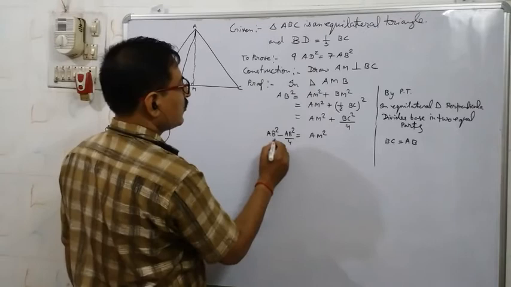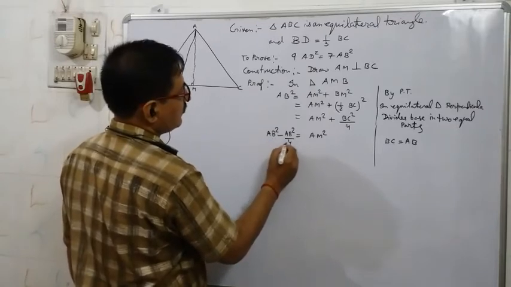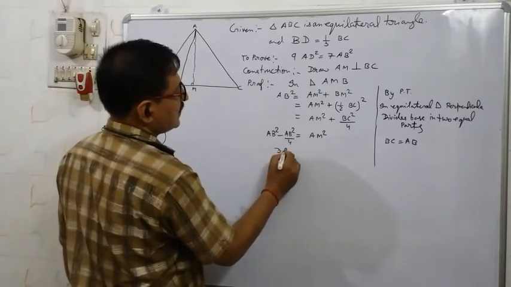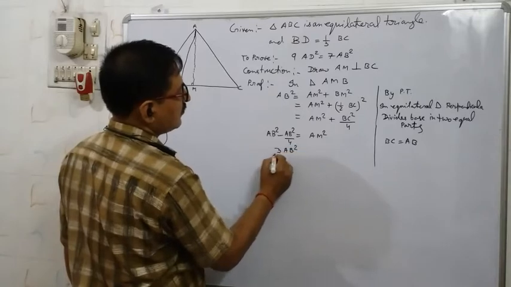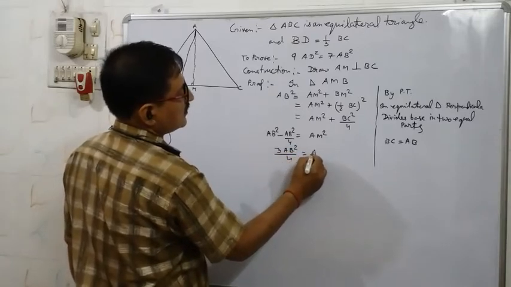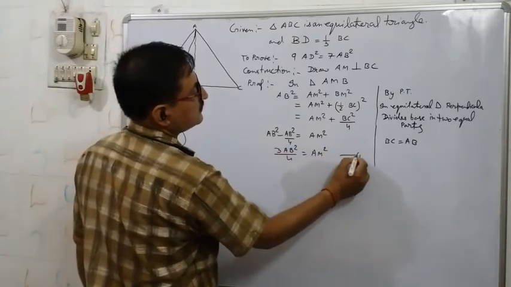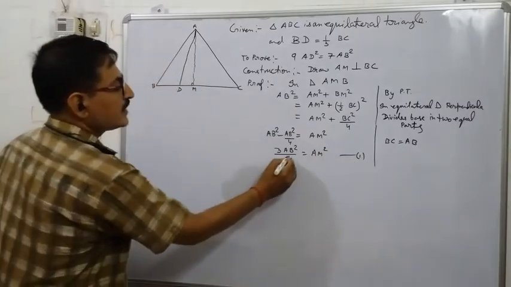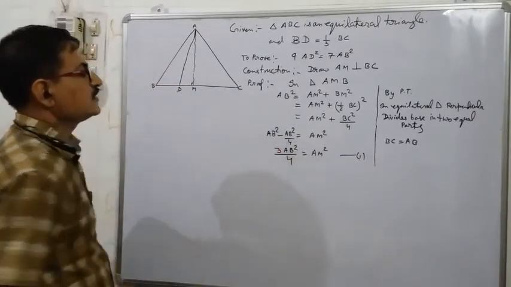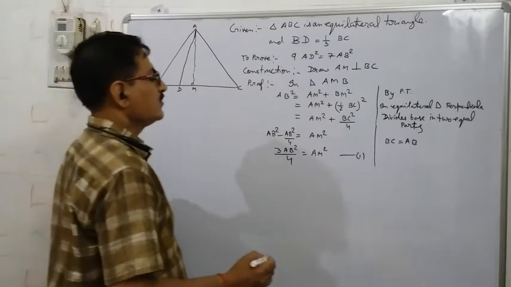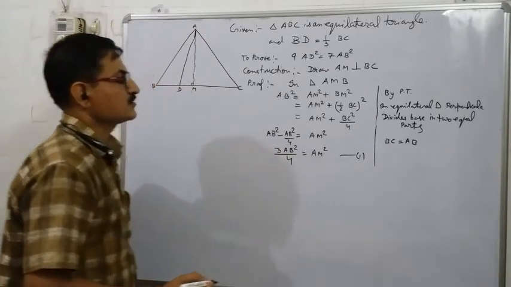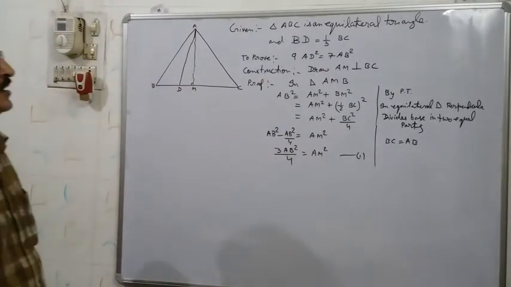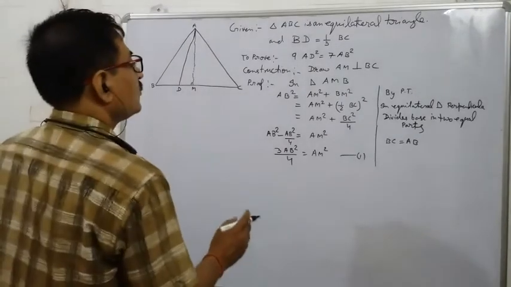Taking the LCM, 4AB square minus AB square will be 3AB square upon 4, equals AM square. This one thing we have got, and this information will help to prove the question.